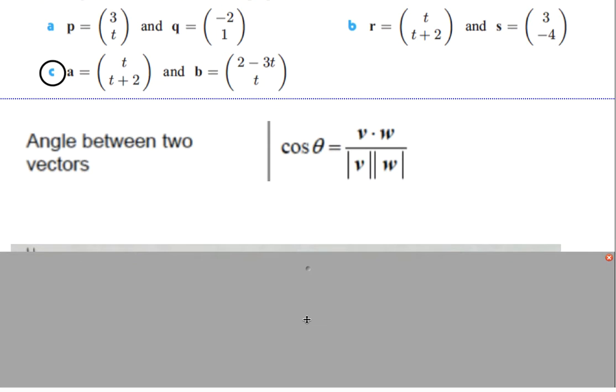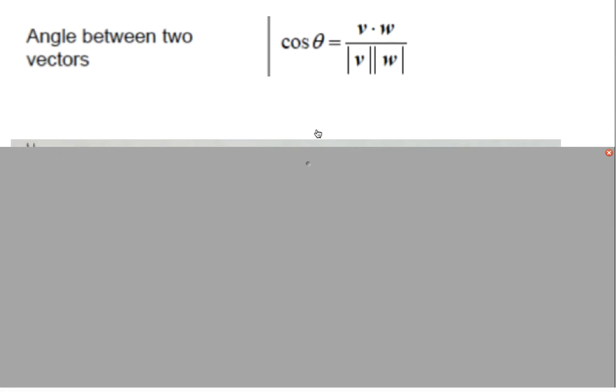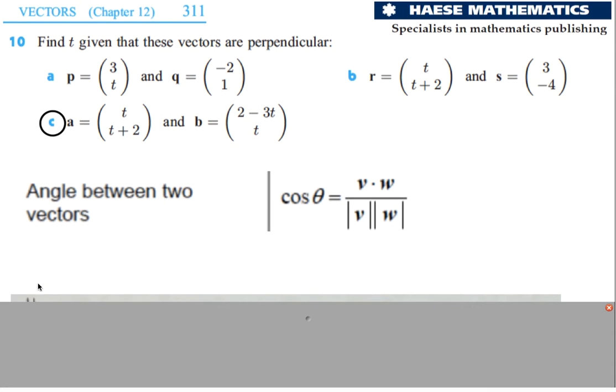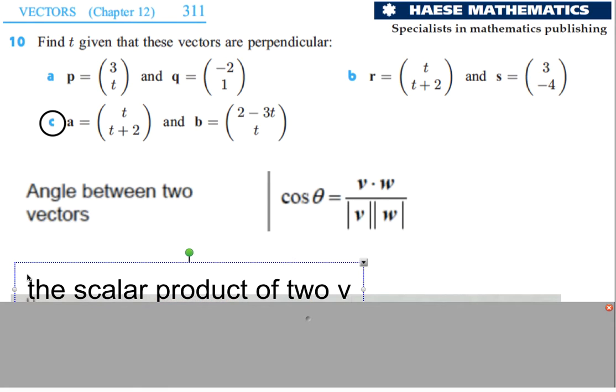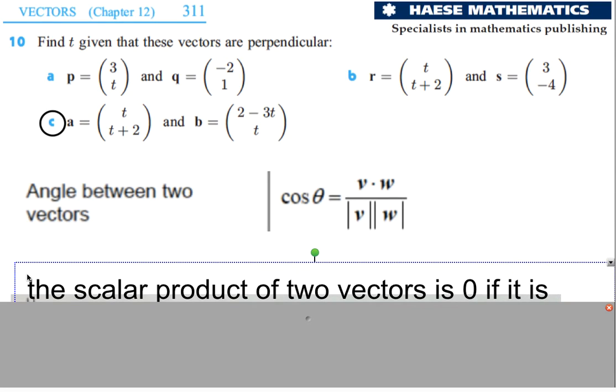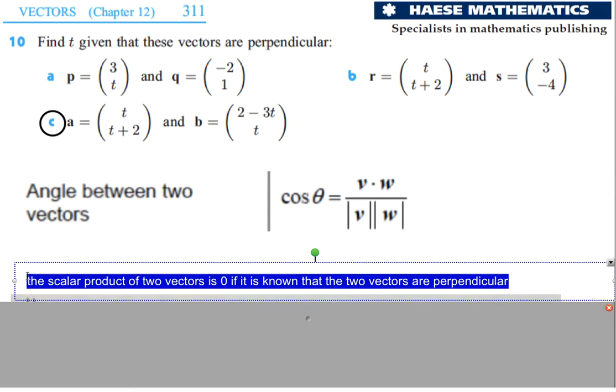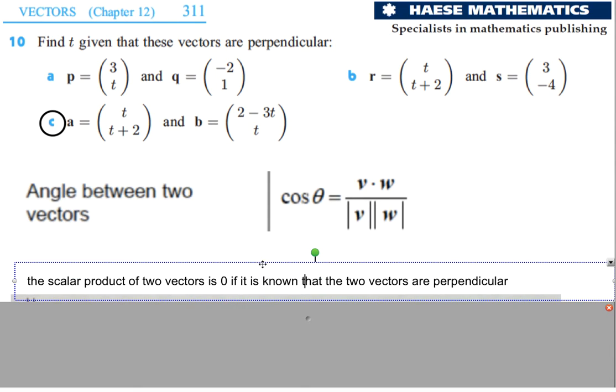So that's a very useful maneuver when we're given perpendicular vectors: the scalar product of two vectors is 0 if it is known that the two vectors are perpendicular. So there you have it.